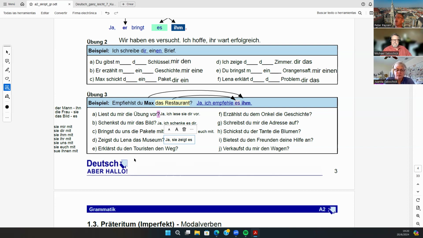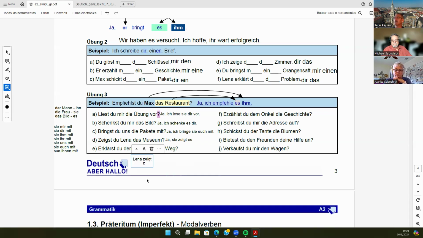So what is the question? I'm thinking it is Lena showing the museum to you? Okay. So if Lena would be doing the showing, then it would be third person singular, the conjugation of the verb. So which would be Lena zeigt. But the verb is not zeigt.